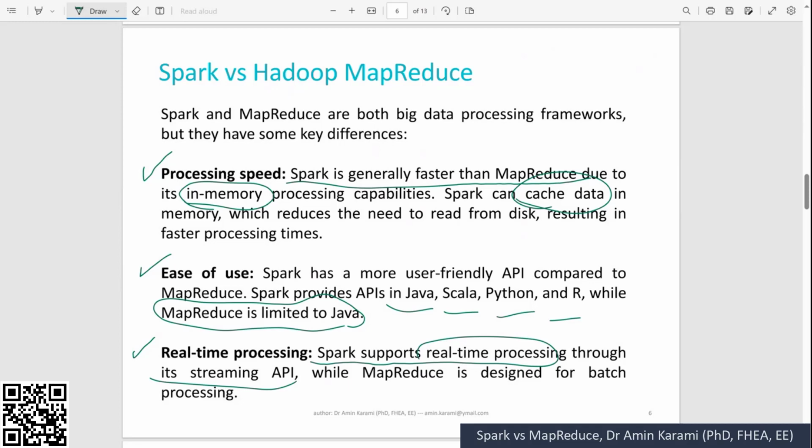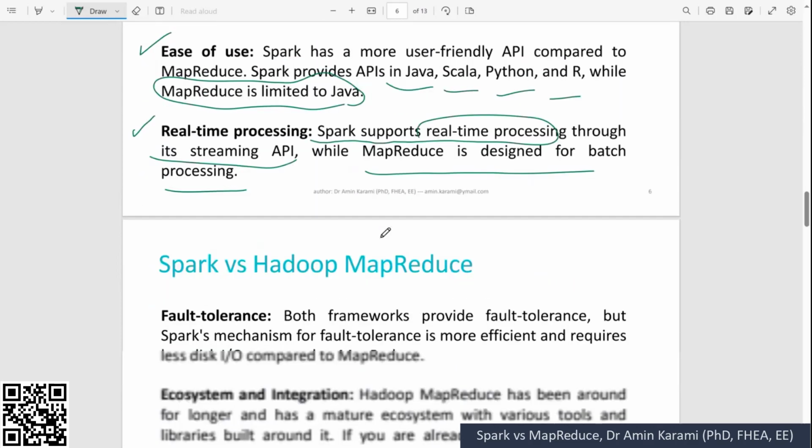Using memory, right? In-memory processing. As we know, memory is faster than hard disk, but MapReduce is designed for batch processing. So as you can find out here, based on these three criteria, Spark is still the right choice.